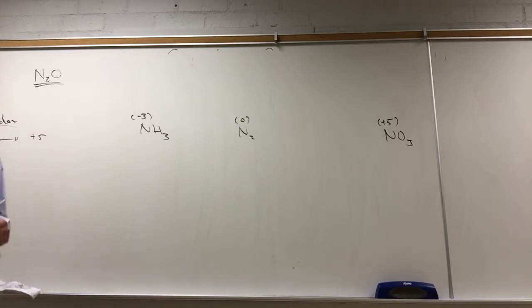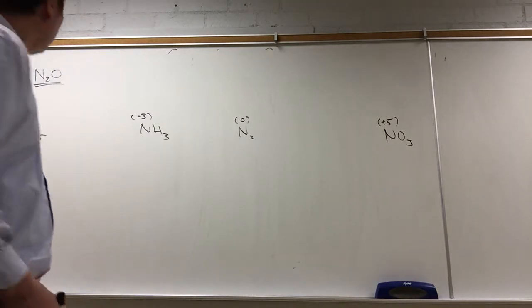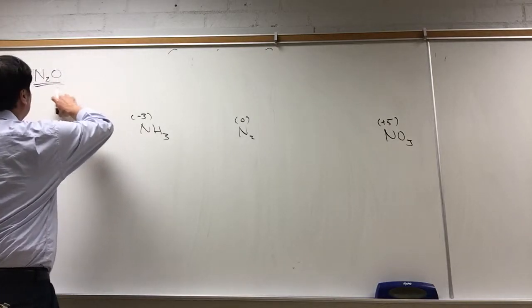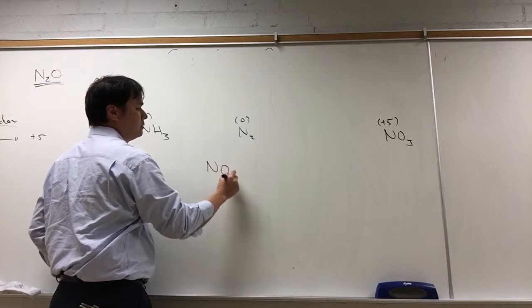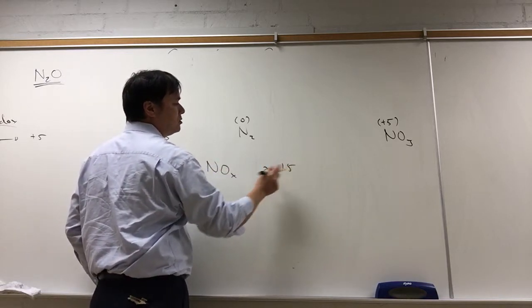So what types of compounds will we have here? Well, one type of compound that we could have are the oxides of nitrogen, NOx. And so X can take on different values, including an X equals 1.5.